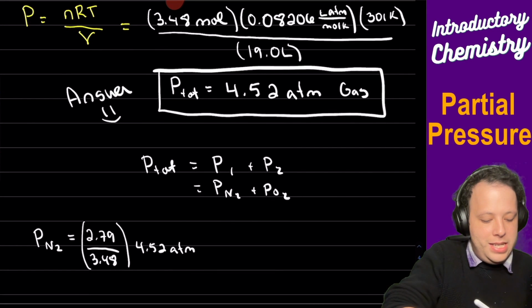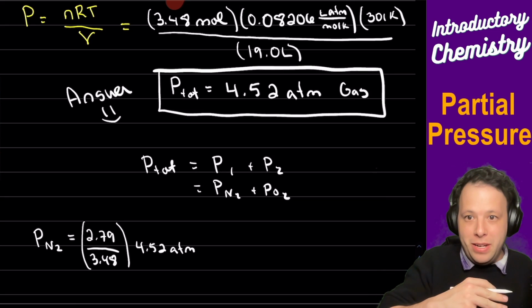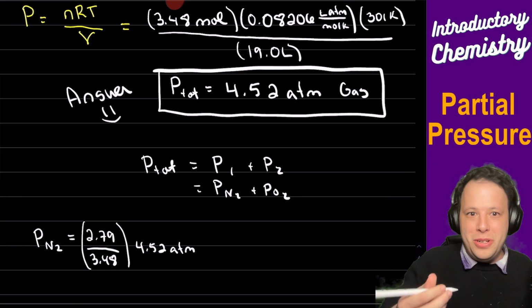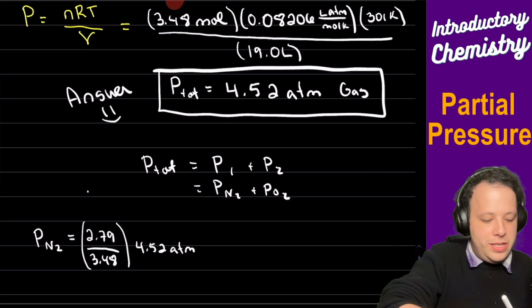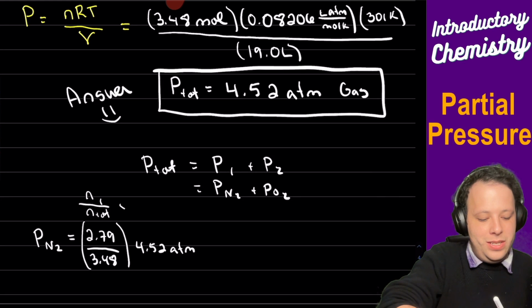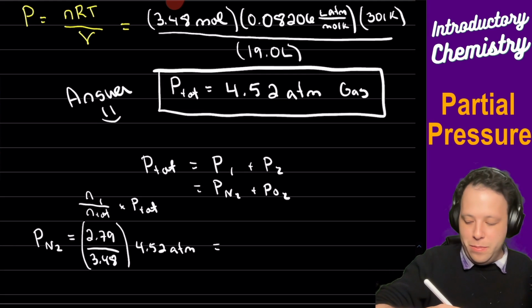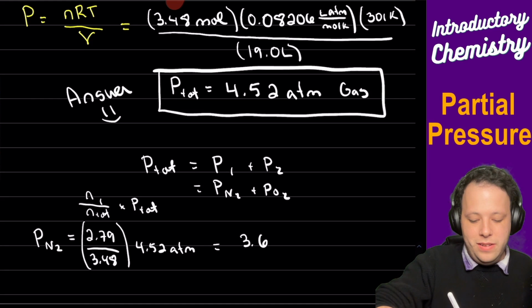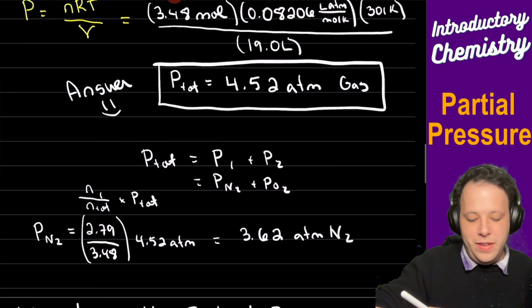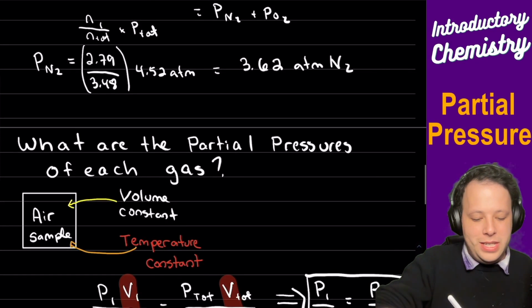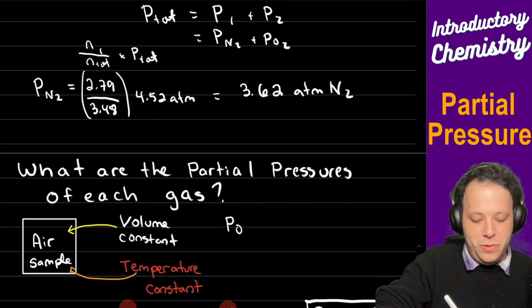So this is the partial divided by the total times our total pressure. So this is N1 all over N total times total pressure. So what we can actually get here is that our partial pressure for nitrogen is going to be 3.62 atmospheres of N2.